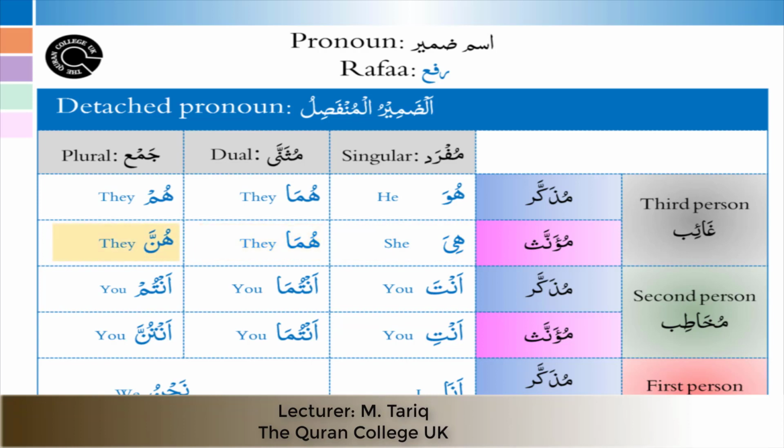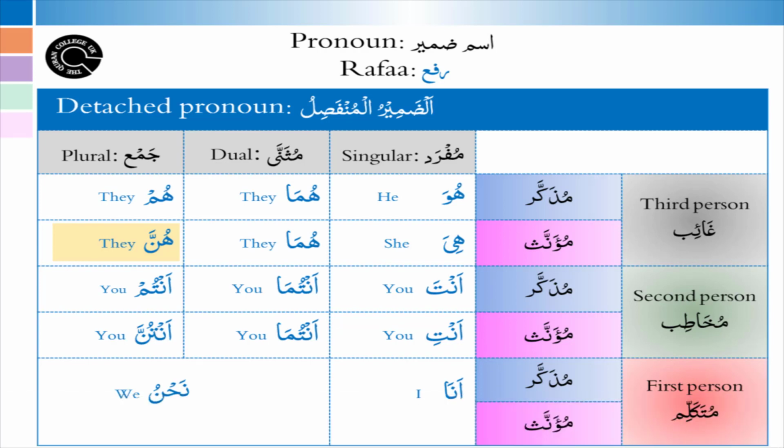Our next group is second person pronouns. The second person masculine pronouns are anta, antuma, antum, and the second person feminine pronouns are anti, antuma, antunna. And finally, the last group is first person pronouns.